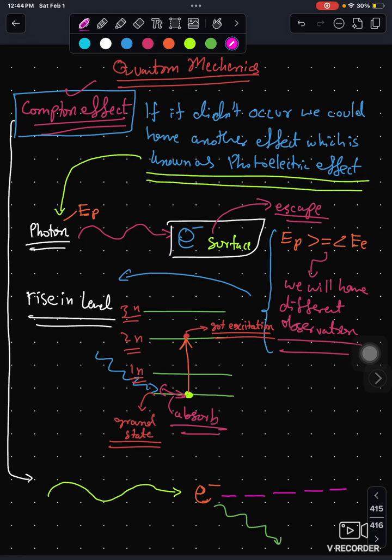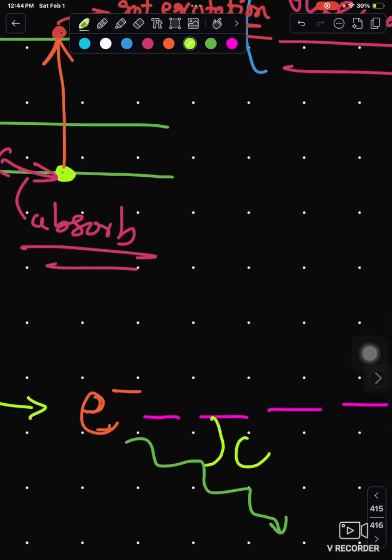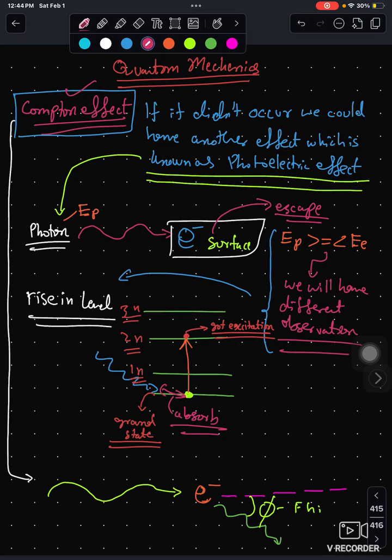The angle of the reflection is known as phi, and even the electron can also reflect off, and this is known as theta.